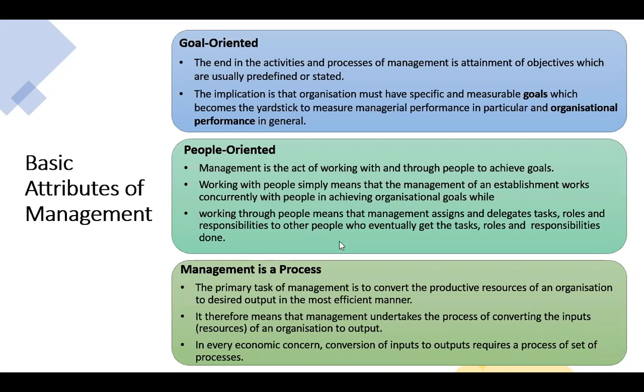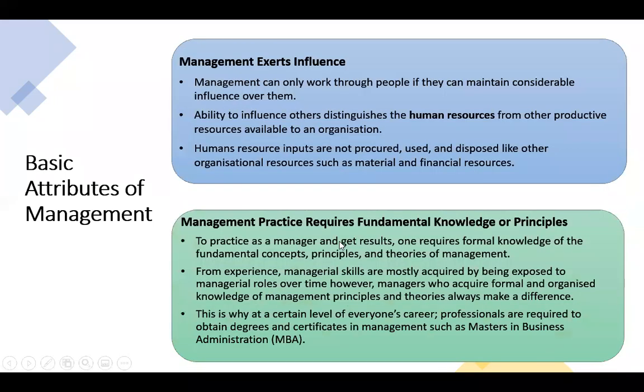Then the next attribute is management exerts influence. Management can only work through people if they can maintain considerable influence over them. The ability to influence others distinguishes human resources from other productive resources available to an organization.